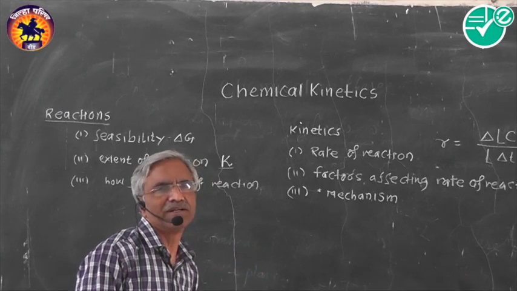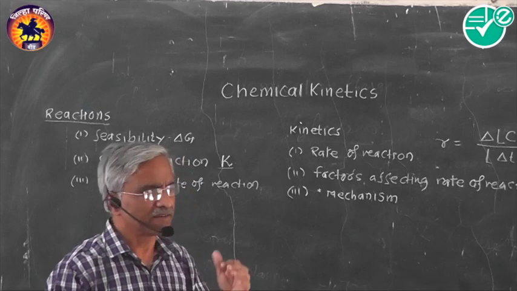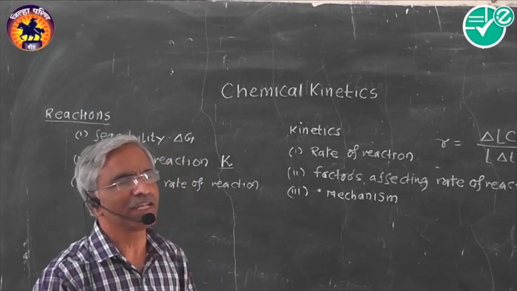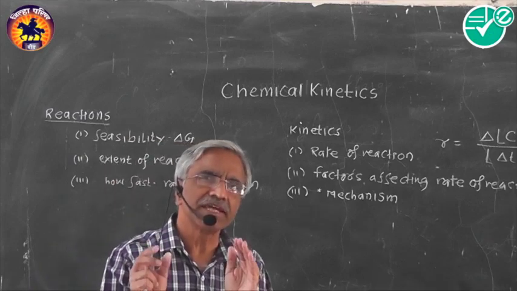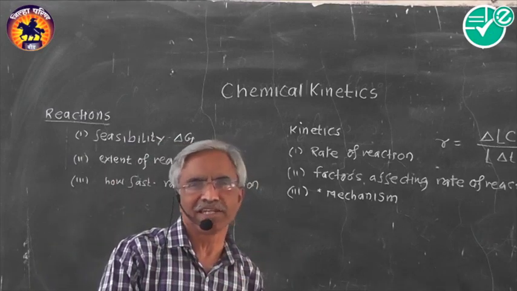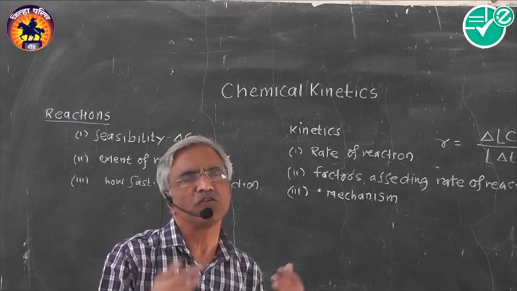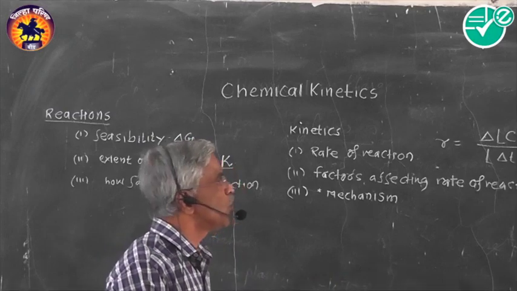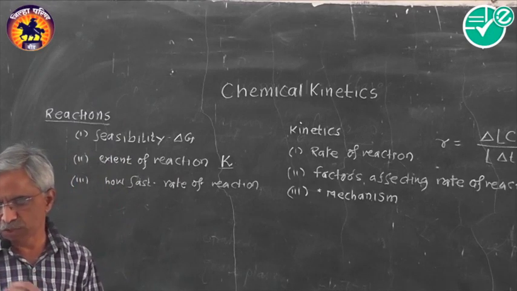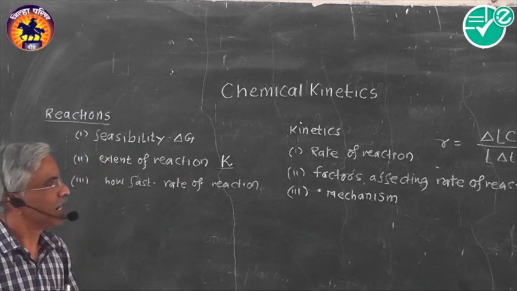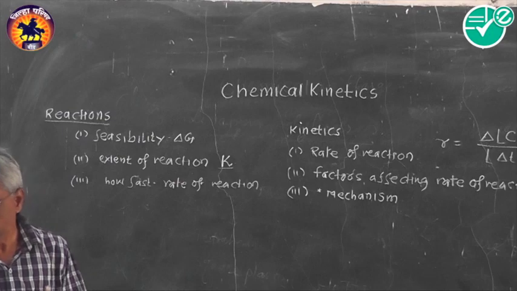Magnesium, when burned in the presence of oxygen, results in a white residue of magnesium oxide. Either you study the rate of reaction in terms of the decreasing quantity of magnesium or in terms of the formation of magnesium oxide. So generally the rate is studied with respect to one reactant at a time.